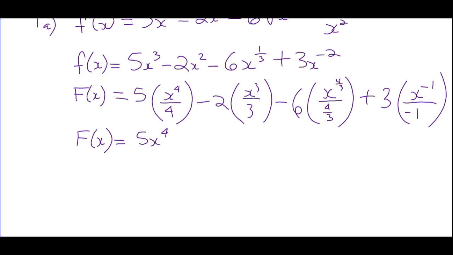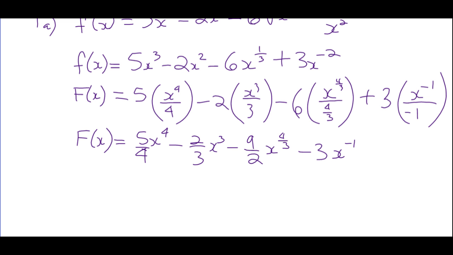So let's write this as 5/4 x to the 4 minus 2/3 x cubed minus 18 over 4, which we'll call 9 over 2, minus 9/2 x to the 4/3. Minus 3 x to the -1.